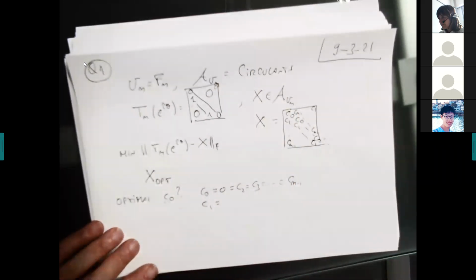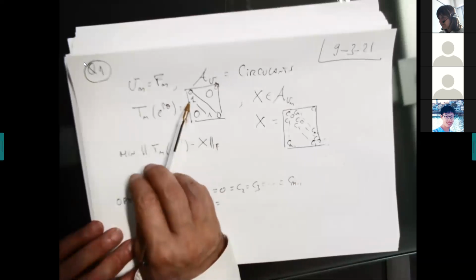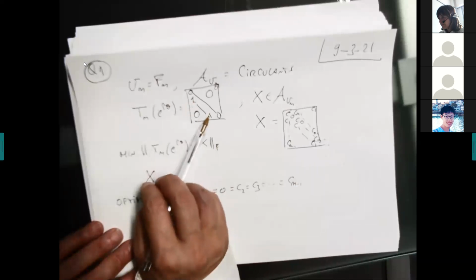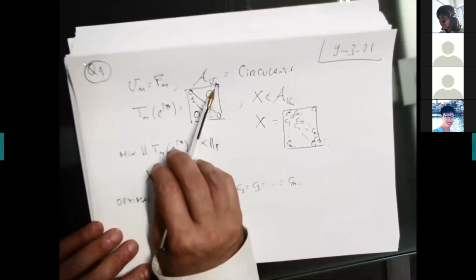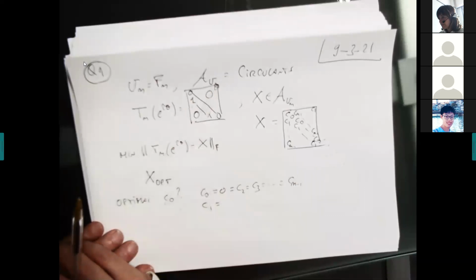So which will be the optimal C1? C1 is a strange guy that should please n minus 1 guys equal to 1 and 1 guy equal to 0. So which will be his solution?